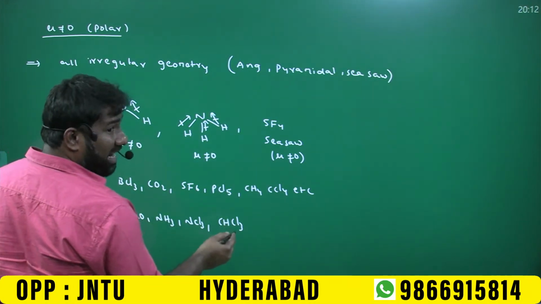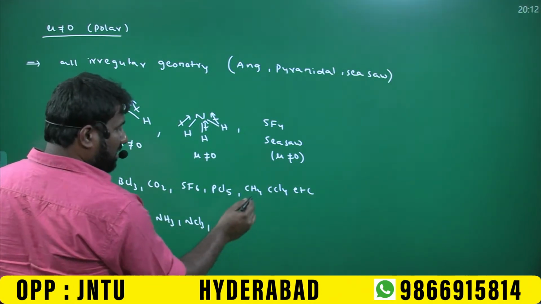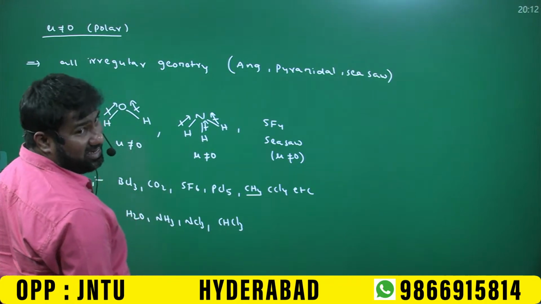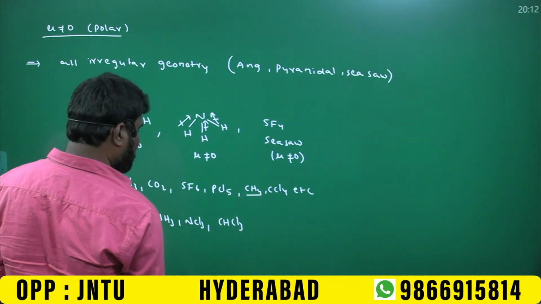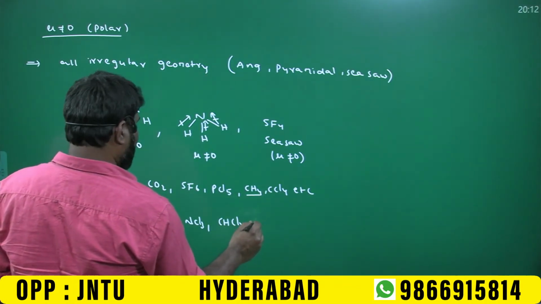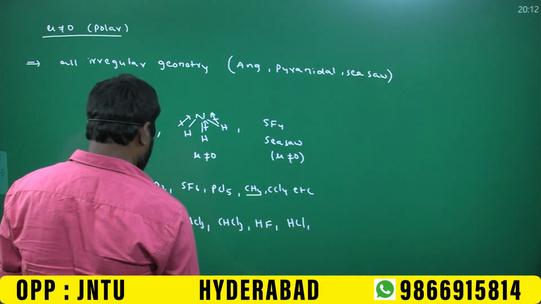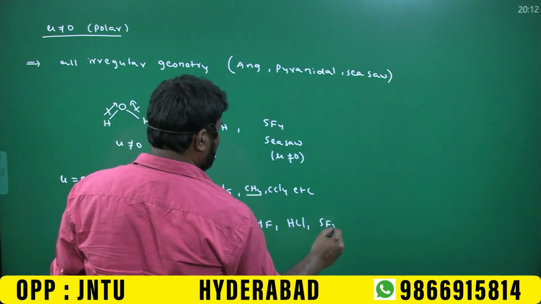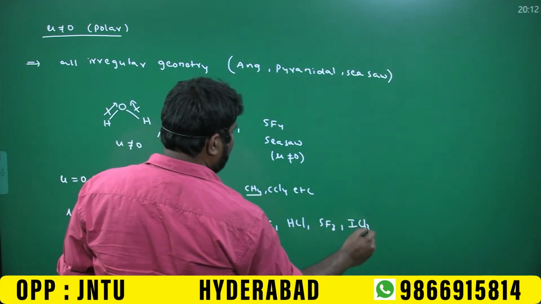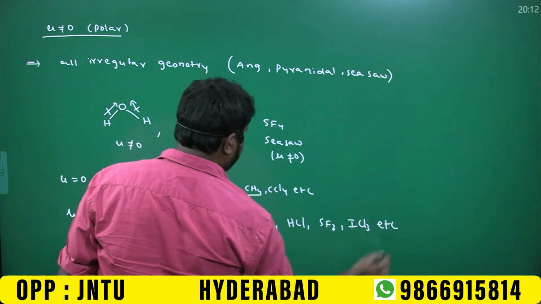Even though the shape is tetrahedral, different atoms are there. Here the shape is tetrahedral with identical atoms. Or even HF, HCl, SF4, ICl3, because of T shape, etc.